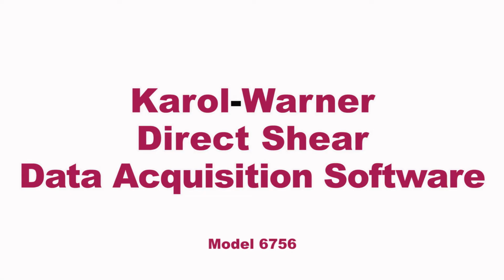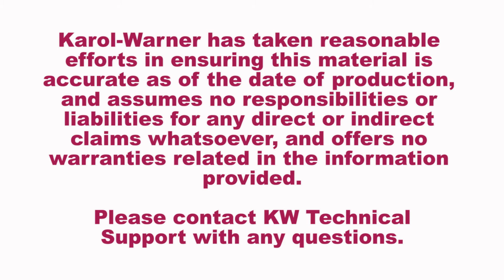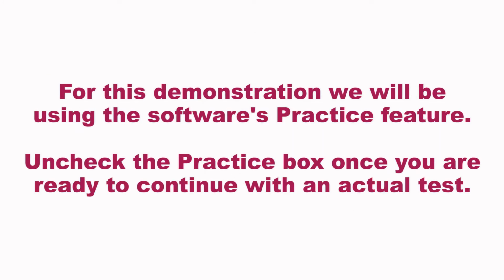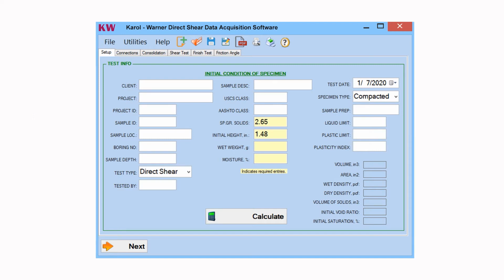Today we are going to demonstrate how to use the Karol-Warner Direct Residual Shear Data Acquisition Software that automatically records and graphs test data during direct residual shear testing of soils.